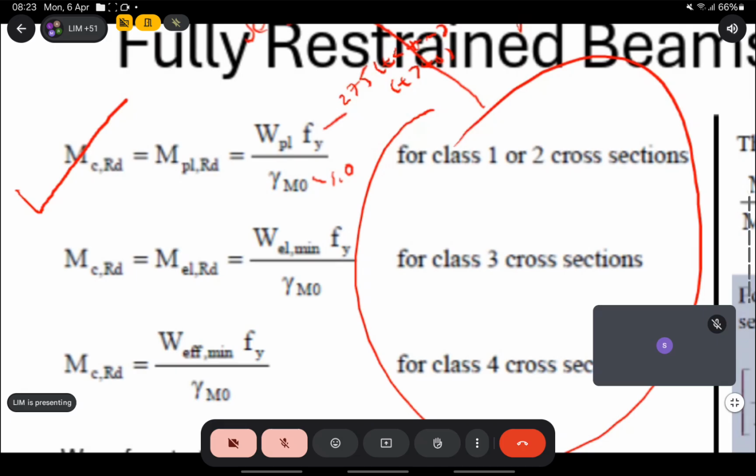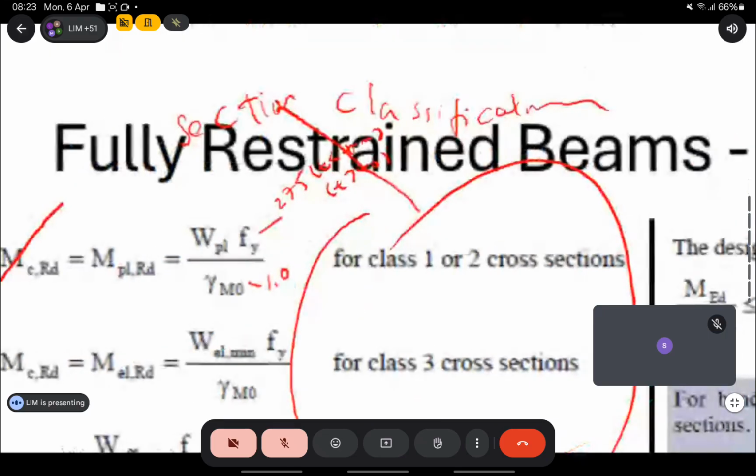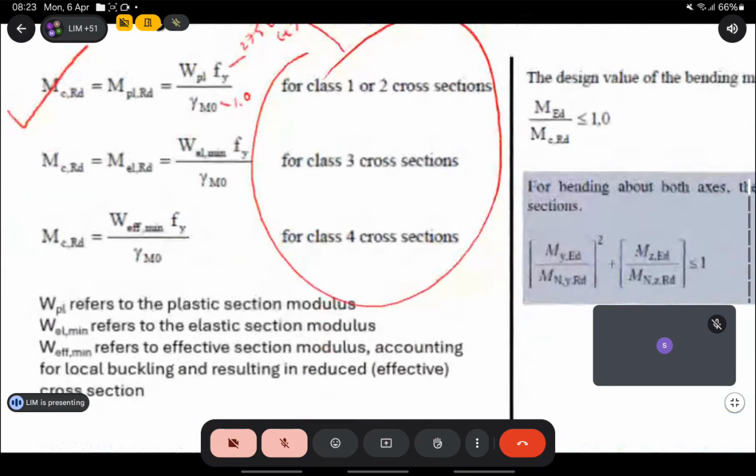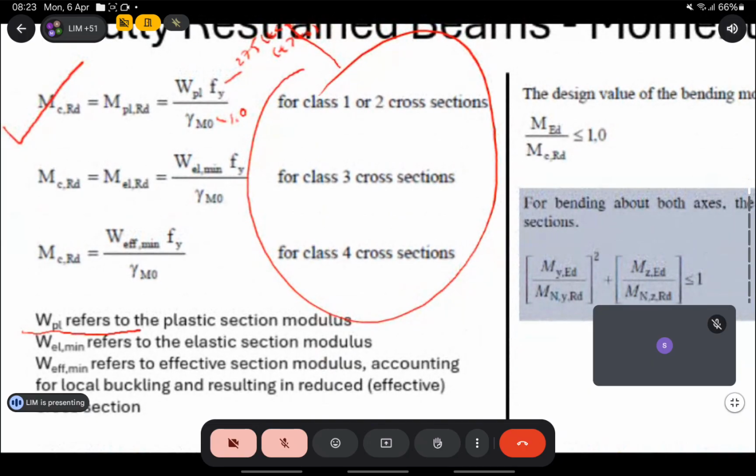So that's Fy, the yield strength of your steel section, of your steel material. Next, what is WPL? If you look at the bottom, it tells you WPL is the plastic section modulus.